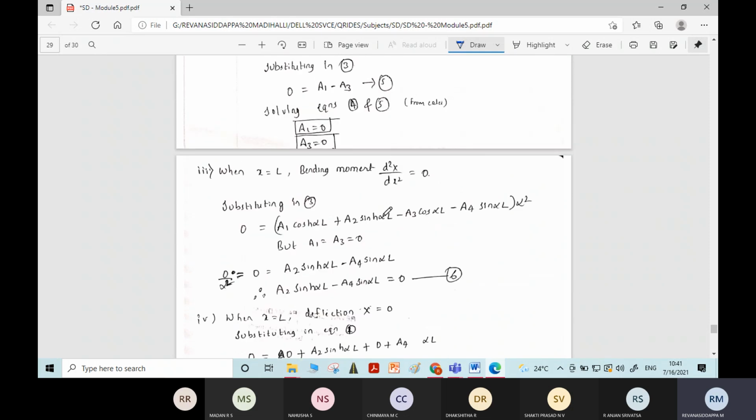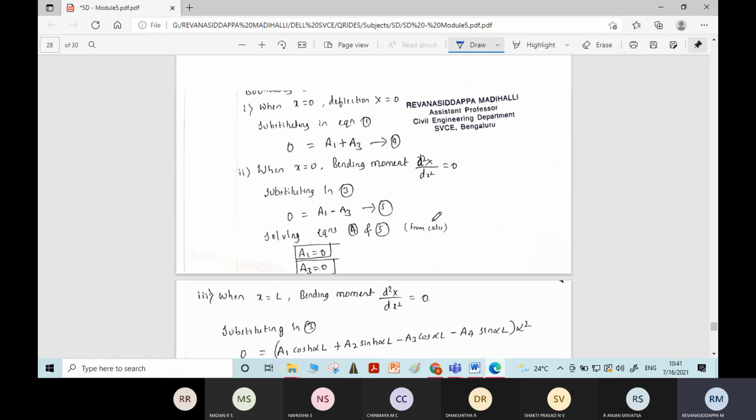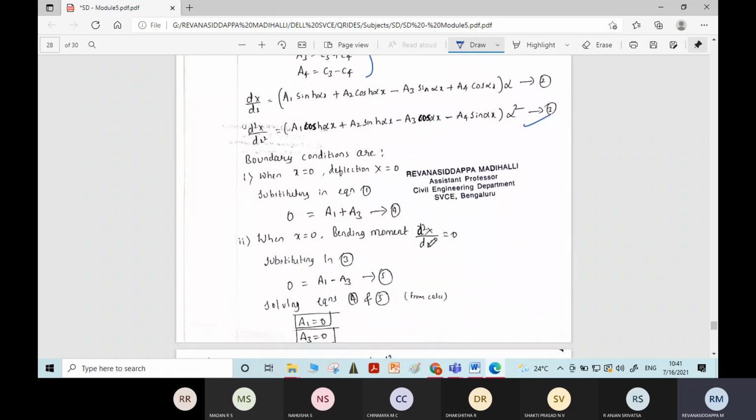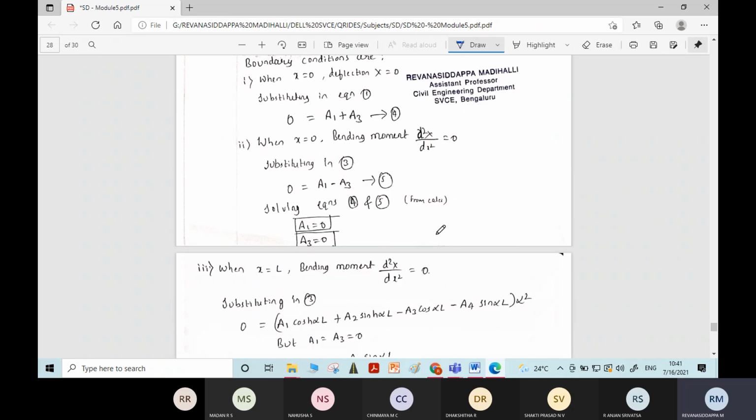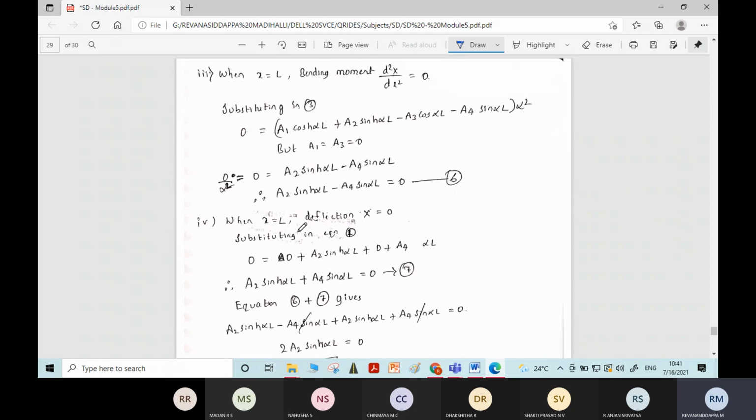You need to take 3 to 4 boundary conditions. You can see in the first condition, when x equal to 0, deflection x equal to 0. Then when x equal to 0, bending moment is equal to 0. X equal to L, bending moment is also equal to 0. And when x equal to L, deflection x equal to 0.